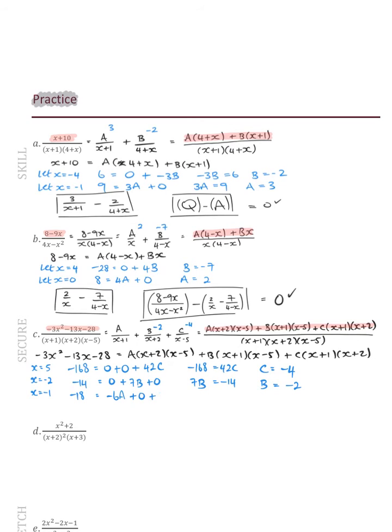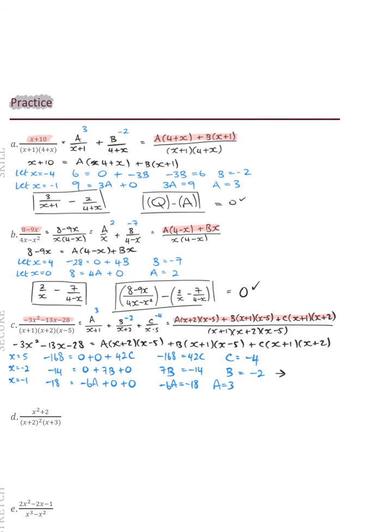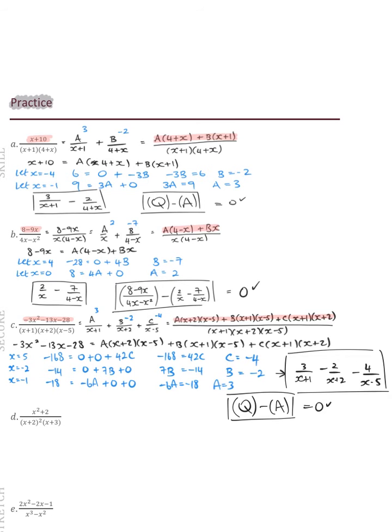Plus 0, plus 0. So my answer is, I'm going to do it over here, 3 over x plus 1 minus 2 over x plus 2 minus 4 over x minus 5. And then to check, q minus a in the box equals 0.